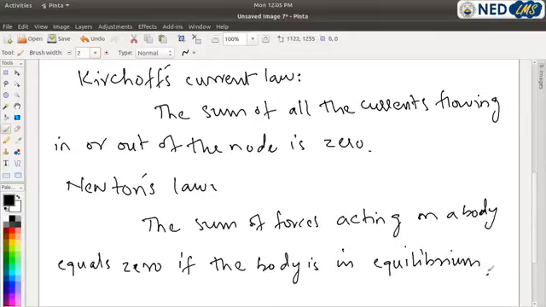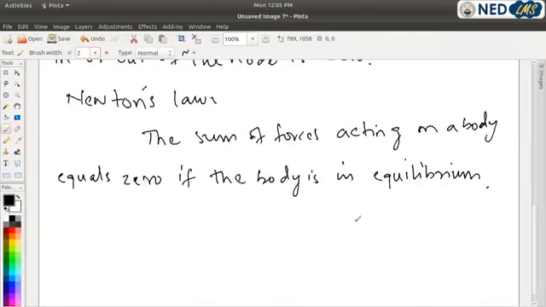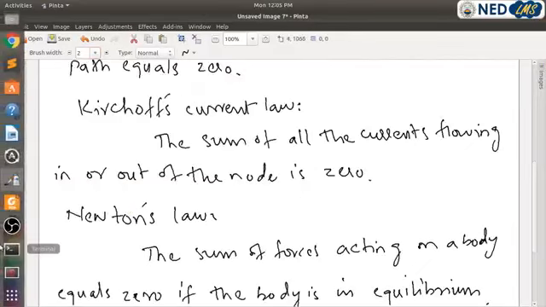So we will be using these three laws to convert a schematic into a mathematical model. This mathematical model describes the relationship between input and output of the physical system.